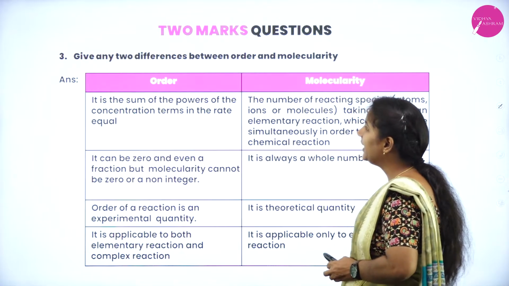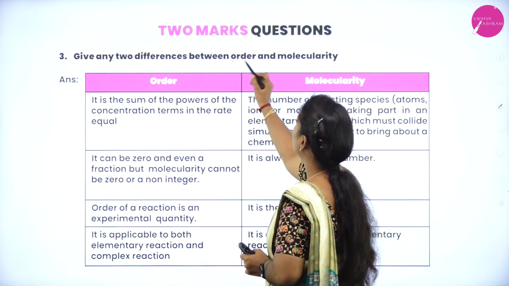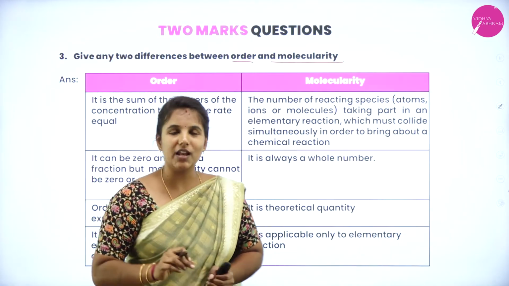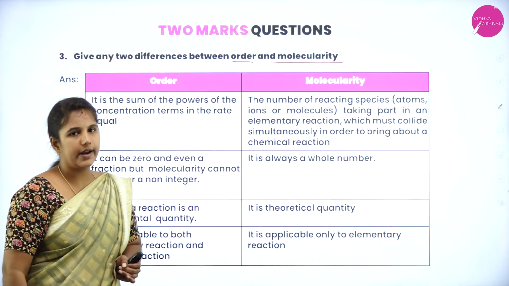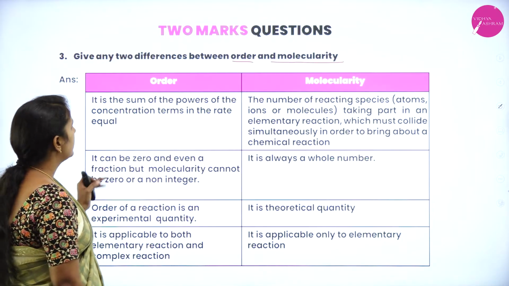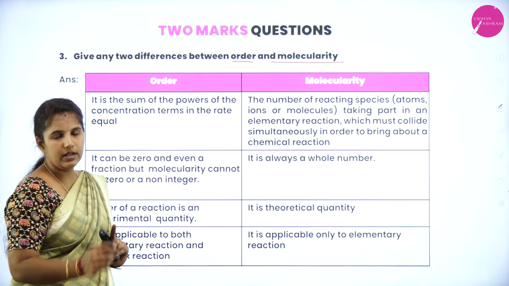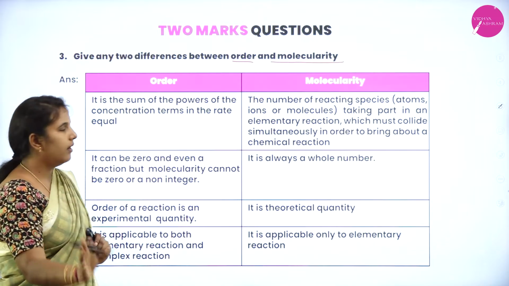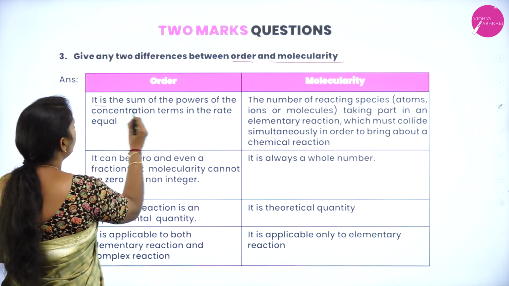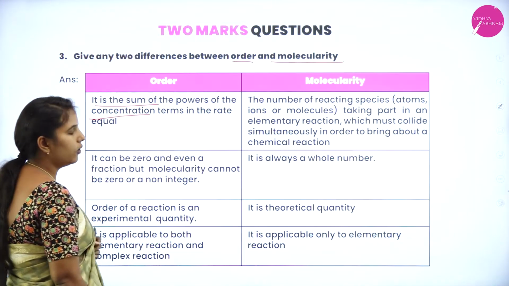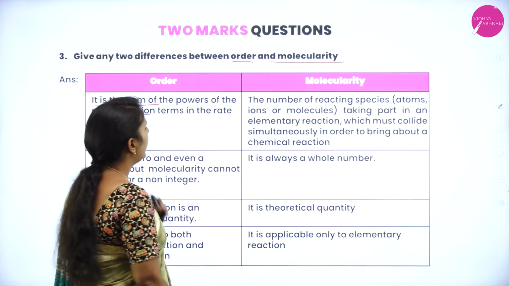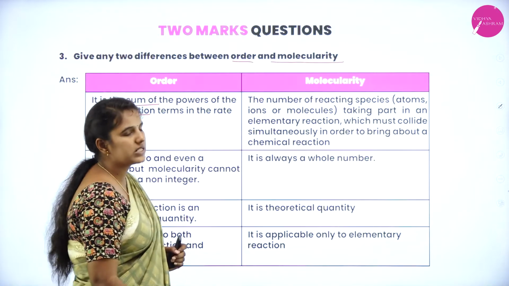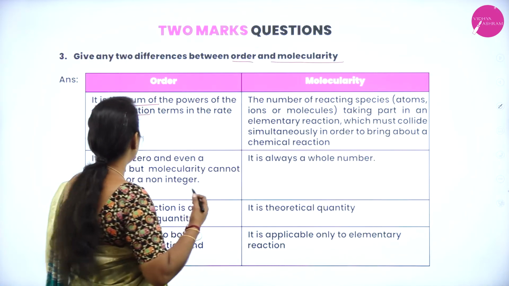Next, give any two differences between order and molecularity. Any two proper differences are enough to get the 2 marks. Order is obtained by counting the sum of the powers of the concentration terms involved in the rate equation. Molecularity is the number of reacting species taking part in the reaction step.